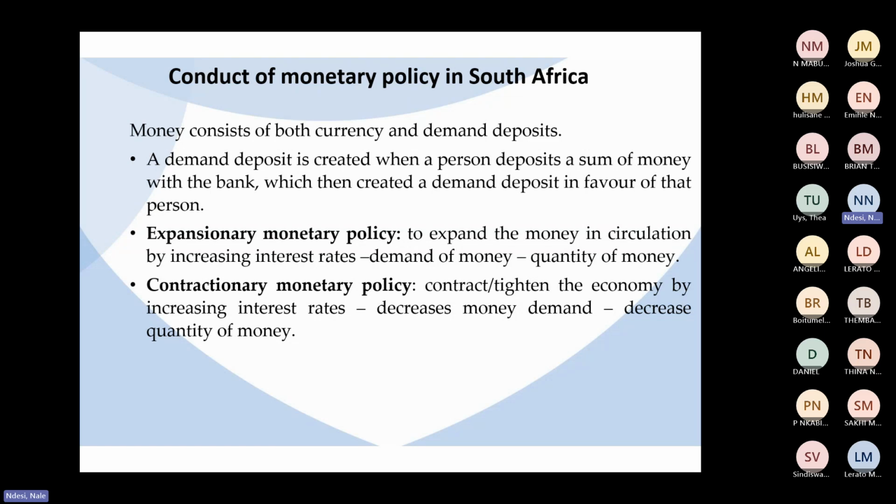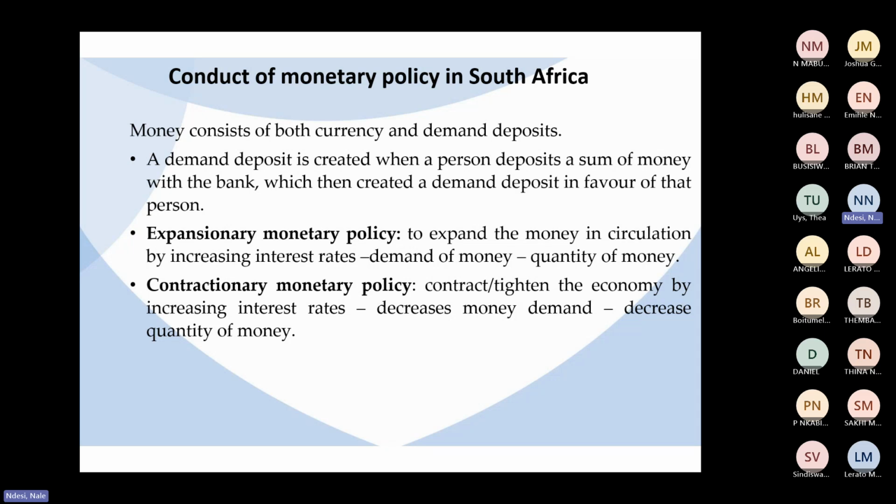Let's say if it had increased in South Africa by that 0.25 instead of decreasing, that would lead to an increase in the interest on loans. And as the interest rate on loans increases, the demand for money would decrease and the number of loans would decline. Consequently, fewer demand deposits will be created and the quantity of money will decrease.